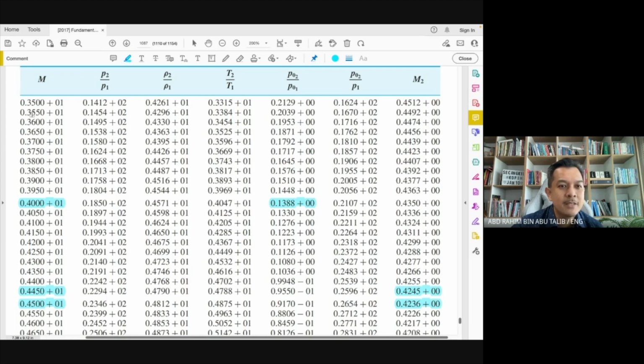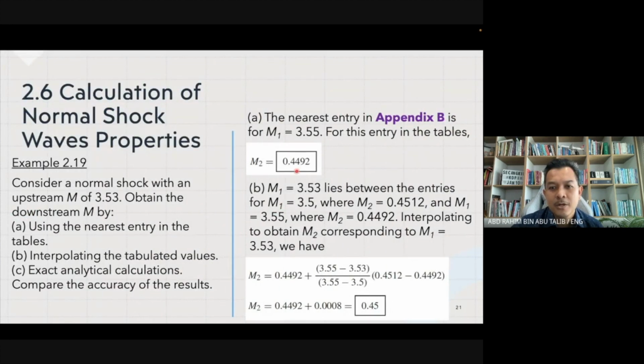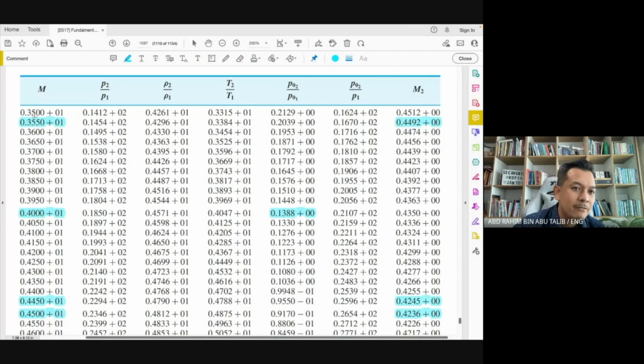3.55 is there. So we use this value, and use the M2 over here. For the second approach, interpolating tabulated values, because we want 3.53 just now but we used 3.55.